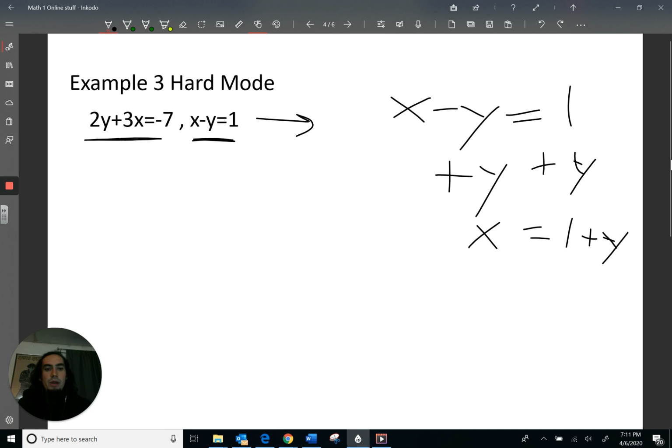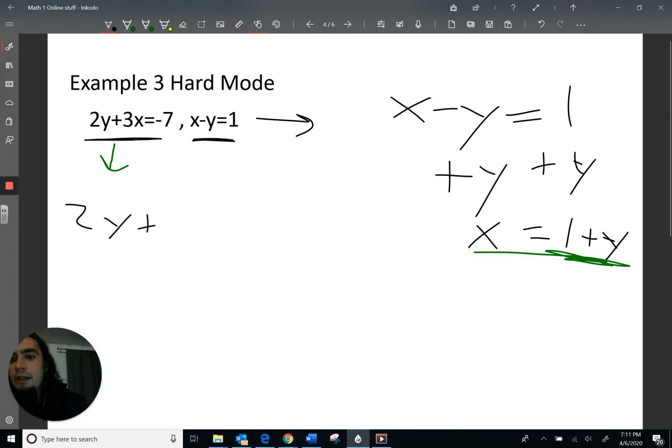X is equal to 1 plus y. That is a good spot to be in, because now we know what x is. It's not a number value, but we know that x is 1 plus y. So we're going to be able to use that. In fact, we can use that right now, because this first equation tells us that 2y plus 3x equals negative 7.